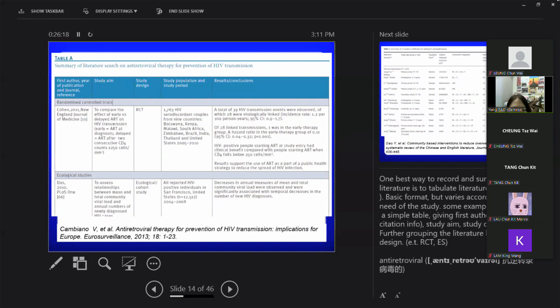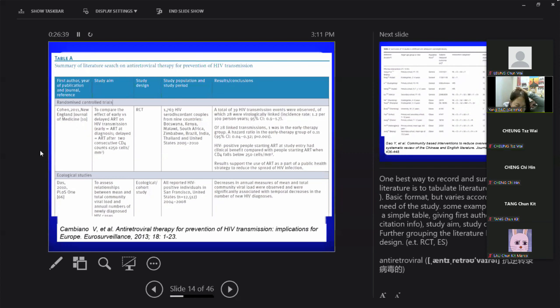For this table, they also grouped the studies by different study design, for example. Here they list the randomized control trials. However, there are only ecological studies.